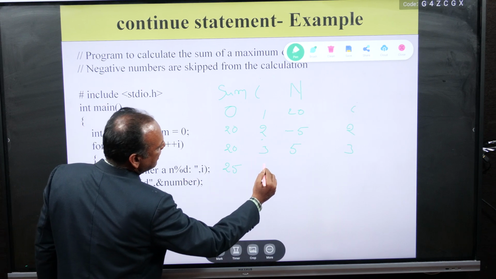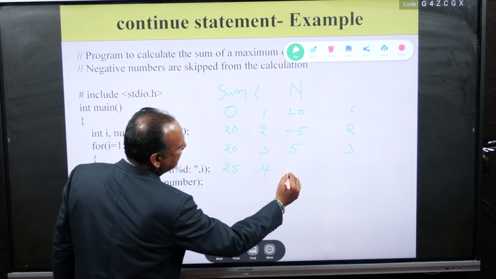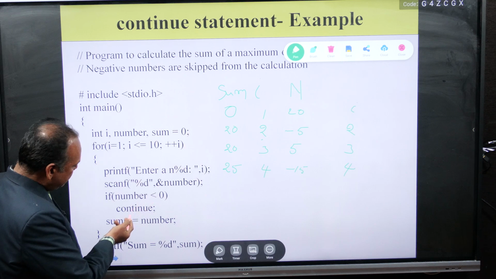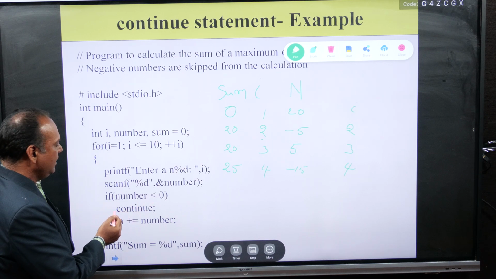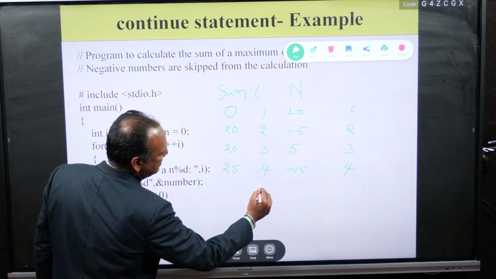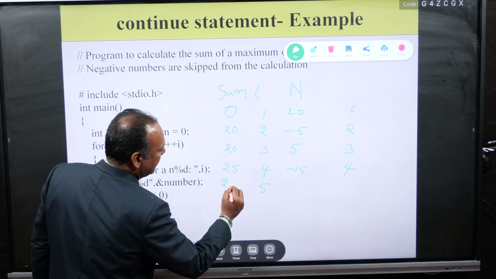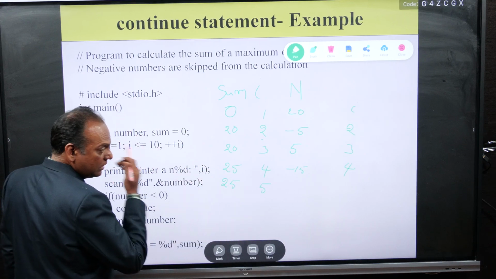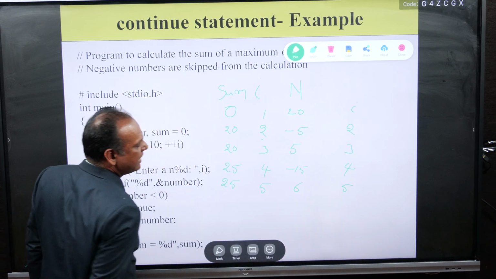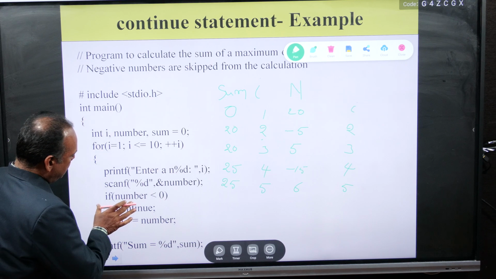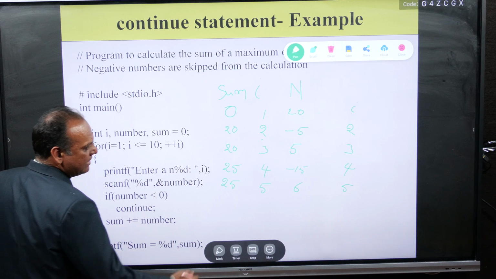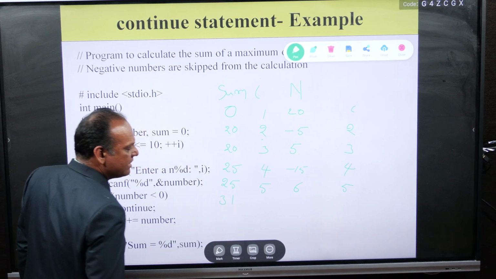Now I will be incremented to 4, and now I am giving -15 as the fourth element. So -15 is also less than 0, so continue makes the sum be skipped, and it will be executed for the next iteration, that is the fifth iteration. The sum is the same, it is 25. Now the fifth number I am going to read is 6, a positive number, so this condition will be false and the sum will be added, and now 31 is the sum.